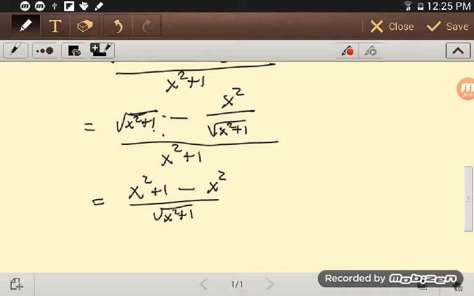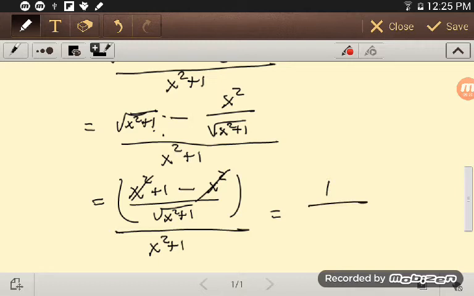And then that is all divided by x squared plus 1. And so here, notice I've got the x squared minus the x squared. So this is 1 over, now these are both in the denominator because I invert and multiply. And so I have x squared plus 1 times x squared plus 1 to the 1/2. Oh, I could write that as x squared plus 1 to the 3/2.